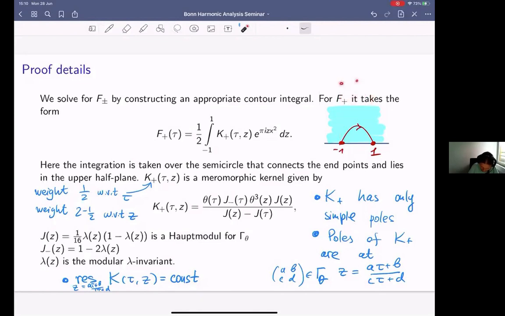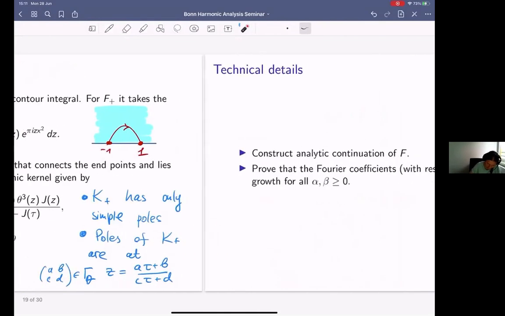Then from this part we continue our function holomorphically through all the discontinuities, which will be the gamma theta translates of our chosen contour. This way we solve this functional equation for the function f plus and also for the function f minus, only for f minus we would have to choose a different kernel.